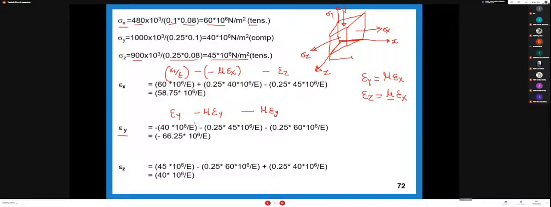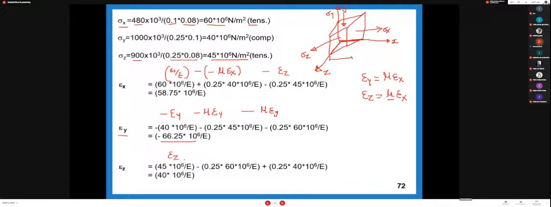Okay, so here strain in the y direction is compressive, so that's why it's considered negative. So all these terms become negative, and we get the negative strain in the y direction. And we consider the z direction strain.